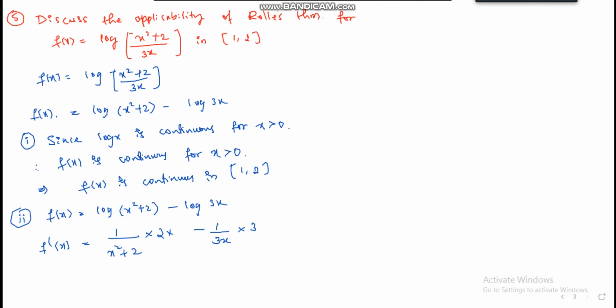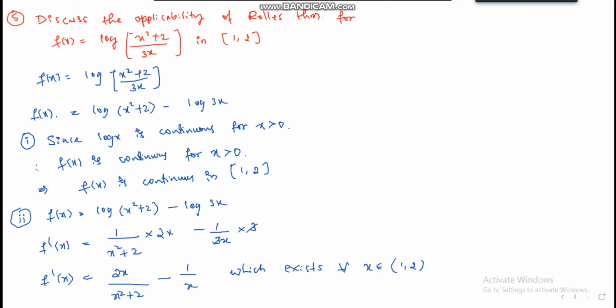So f'(x) = 2x by (x^2 + 2) minus 1 by x, since the 3s cancel. This exists for all x belonging to (1, 2).